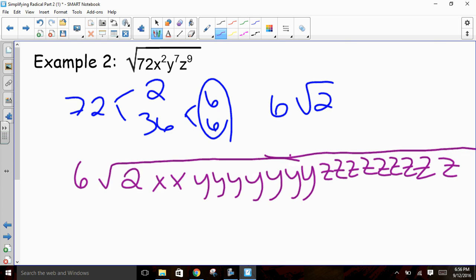So I made my square root sign longer to make sure that you are all aware that my z is actually underneath that square root sign. If I do not lengthen that line, then I forget it's there, and then I assume all those z's are just being multiplied together on the outside. Just a problem with rewriting them. So again, I'm looking at the square root, so I'm in groups of 2's. I'm going to circle as many groups of 2's as I can.